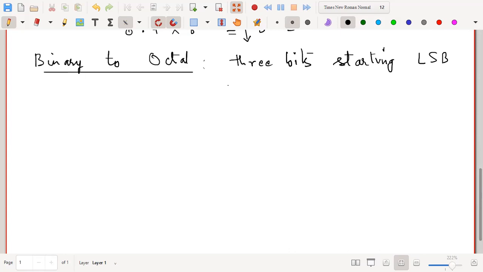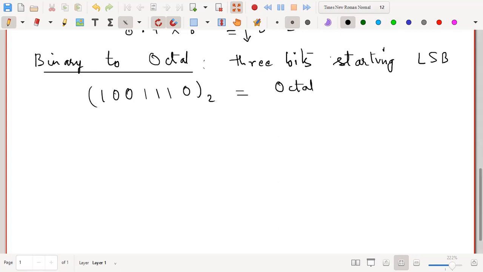So whenever you are doing conversion from binary to octal, just make a group of 3 and do the conversion. For example, suppose the question is you need to convert 1001110, your binary number, into its equivalent octal.